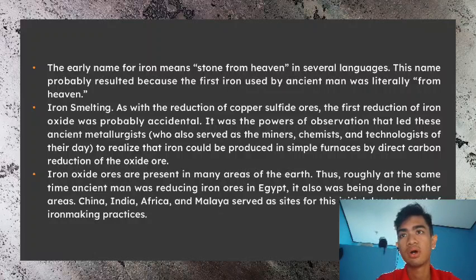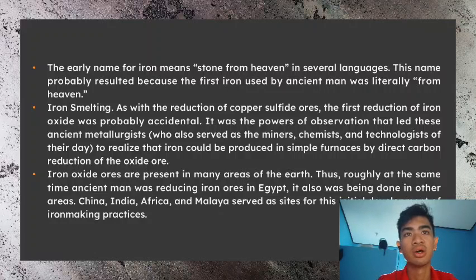If the cliff outcropping happened to be rich in iron oxide, after days or even months of use, the fire cooled and the ash contained a small amount of iron sponge. This sponge was the iron that remained after the oxygen had been removed.